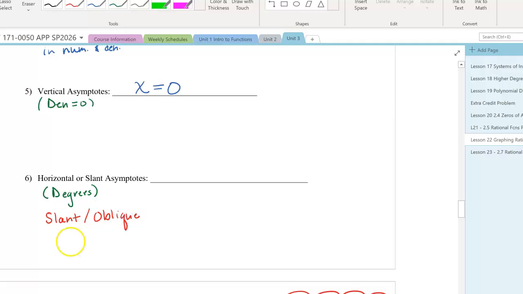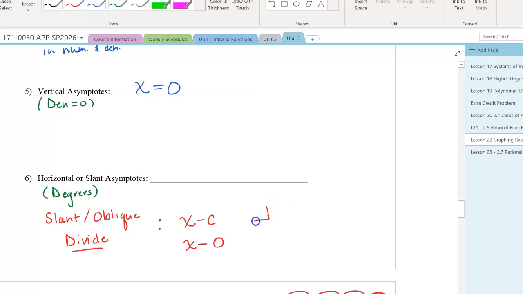And to find that, we're going to divide. And this one, you might think, well, this one is not in the form x minus c, so we cannot use synthetic division, but it is. We can write x in the form x minus c by writing it as x minus 0.